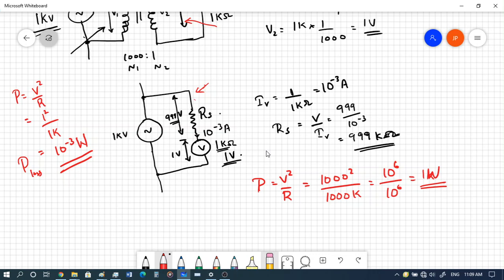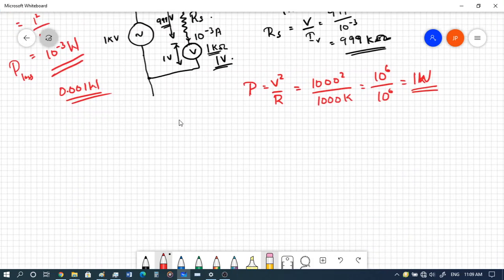So for the potential transformer it is 0.001 watt, and the power consumption over here is 1 watt, which is a huge difference. This is only 1 by 1000 of the actual power loss in the series circuit, which means that this potential transformer is much more efficient, with less power it can measure these quantities.